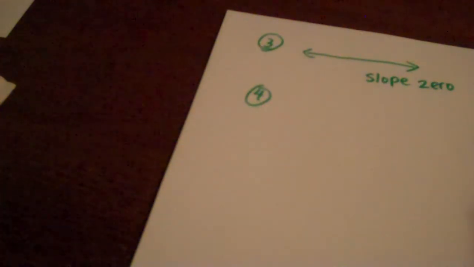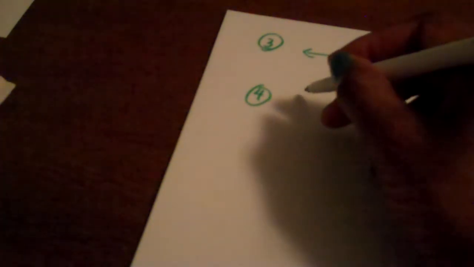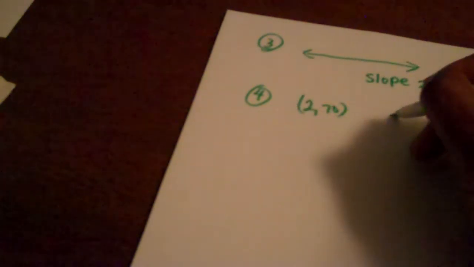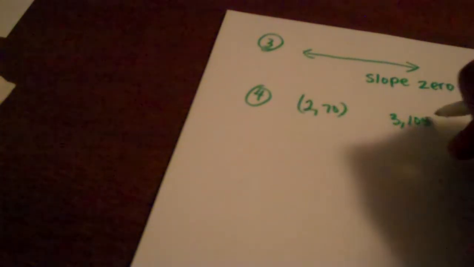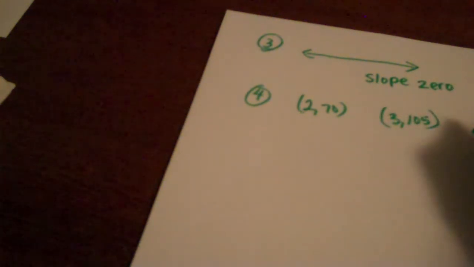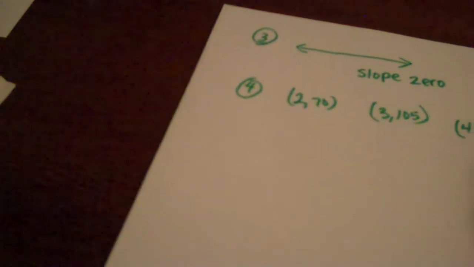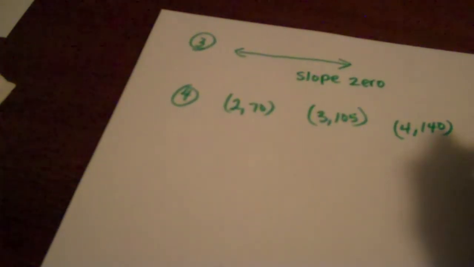Moving on to question number 4. In question number 4, it says, Ernesto rode on a train that traveled at a constant rate. The graph compares the number of hours traveled to the number of miles traveled. If you look at the graph, you have various points that are given to you. You have 2, 70, you have 3, 105, and you have 4, 140. You can choose any of those 2 points, and you're going to find your change in y over your change in x.